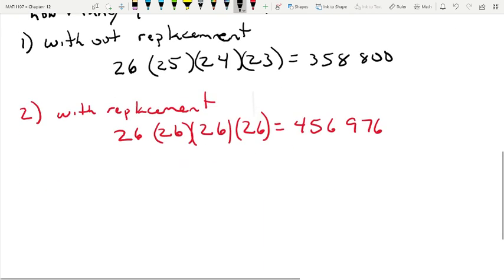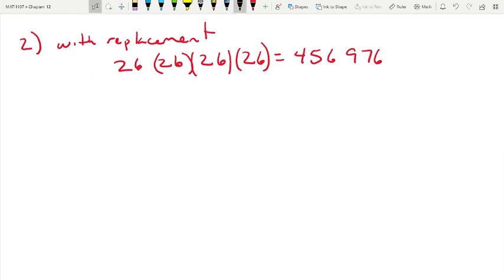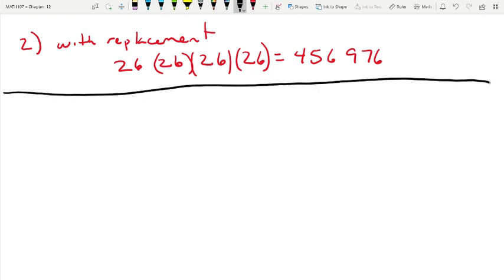So the next thing then deals with permutations and factorials, permutations, and combinations. So first off, factorial. And the symbol you'll see for that on your calculator will most likely be this exclamation point.